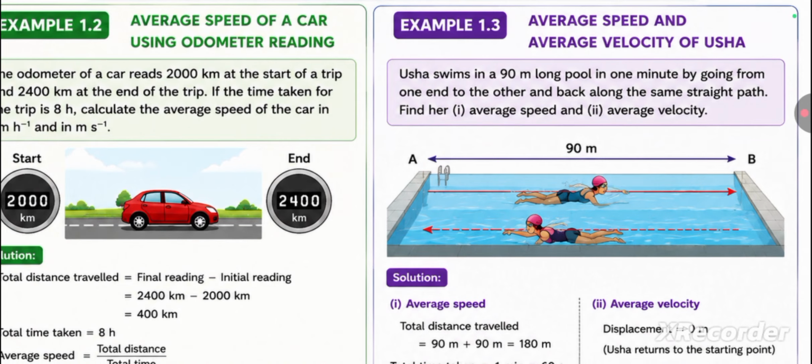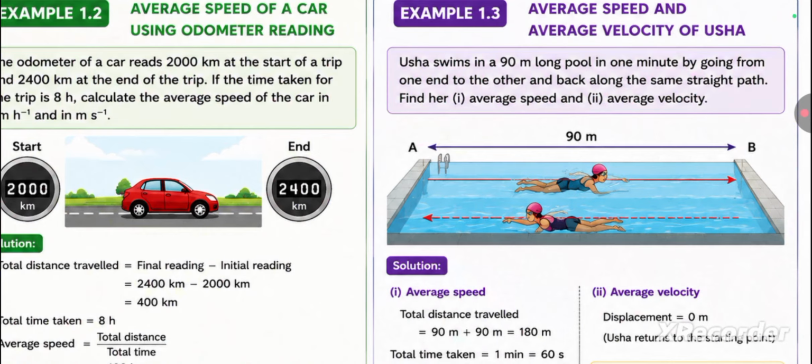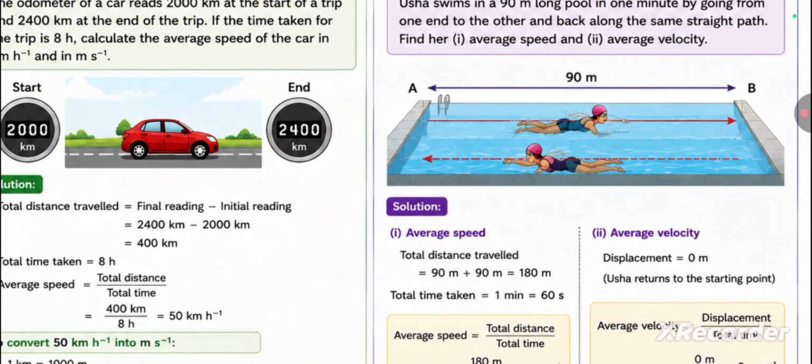Here the length of the swimming pool is given, that is 90 meters. She can swim in 1 minute, going from one end to another end in a straight path. Now we have to find the average speed and average velocity.